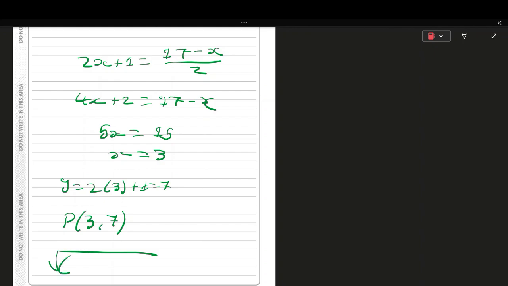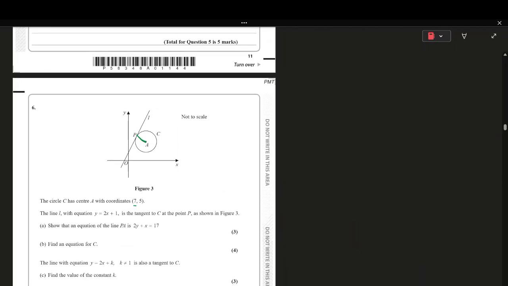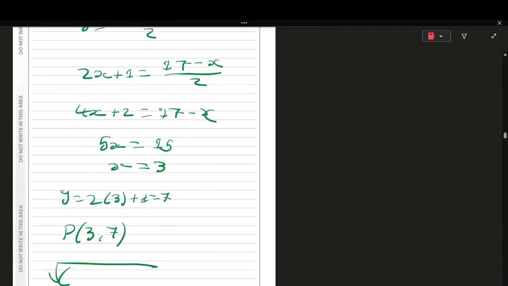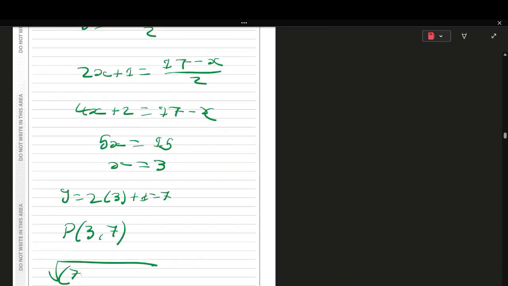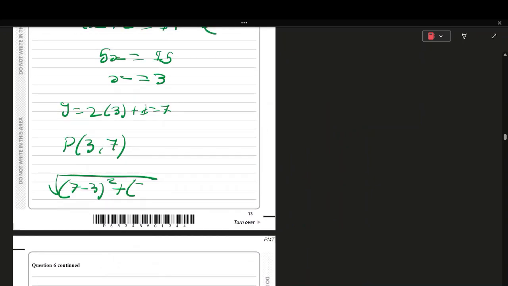So if you look up, 7, 5, and 3. So we get 7 minus 3 squared plus, now the difference between the y values, 7 and 5, so 7 minus 5 squared. Put that in your calculator, you get root 20.